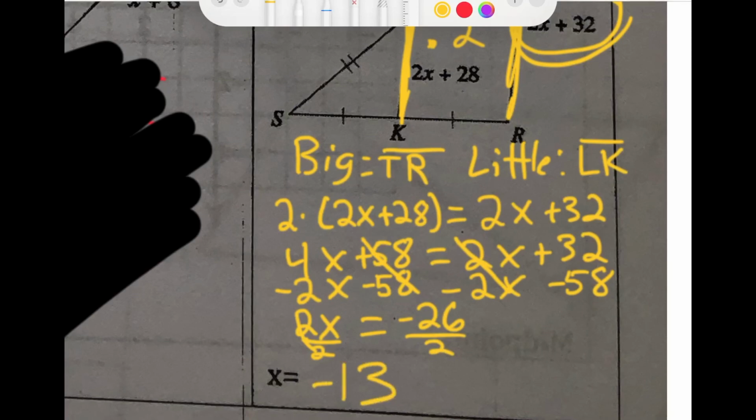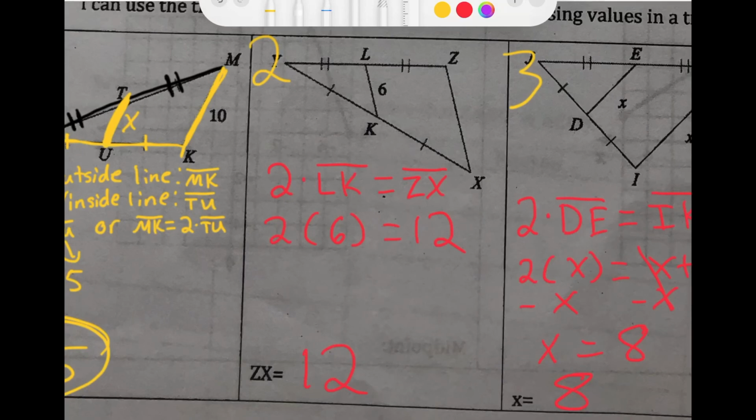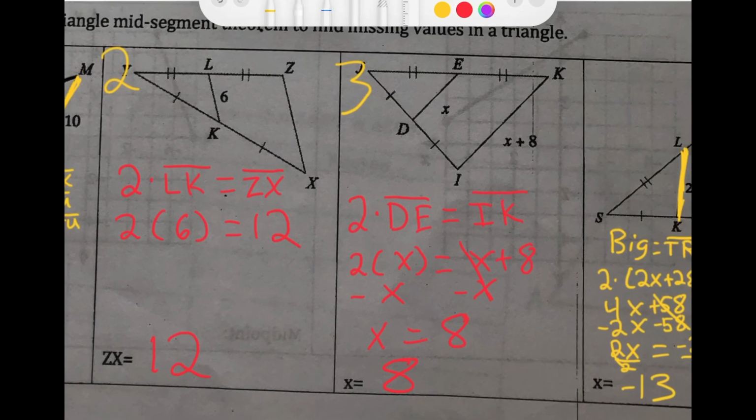X equals negative 13. So that is how you do section 4. If you will, pause the video and attempt number 2 and number 3. For number 2, you should have gotten the answer 12. For number 3, you should have gotten the answer 8.